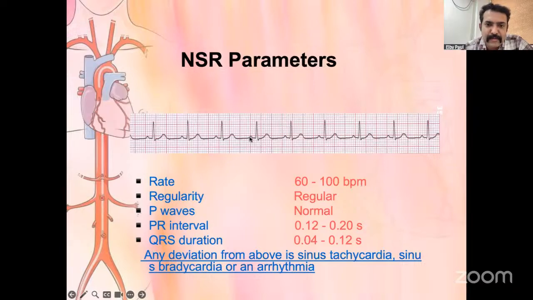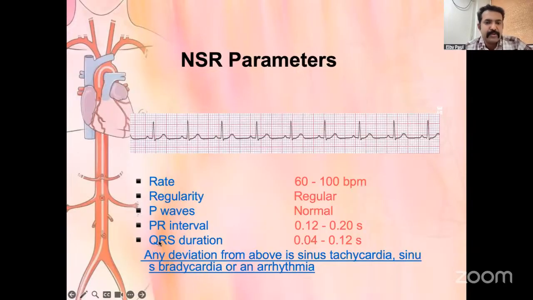So the PR interval is from when the P wave starts to the start of the R wave. The time from P start to R start. The normal is 3 small squares to 5 small squares. It won't be more than 5 small squares or 1 big square. Okay, that's the normal range.